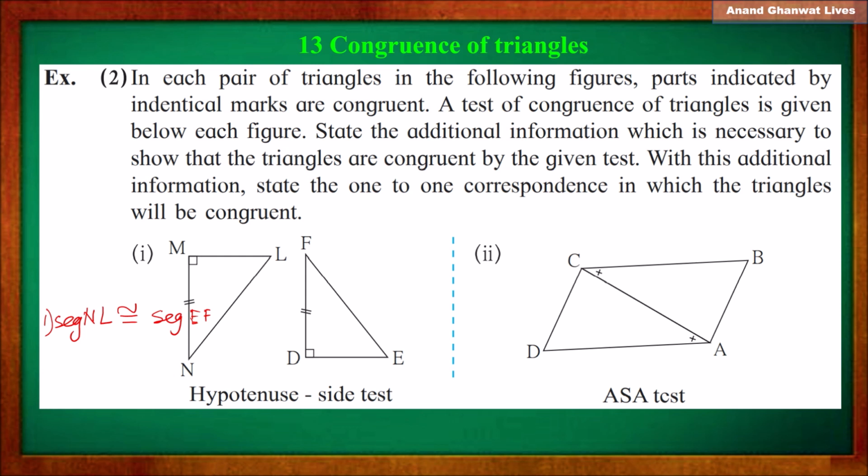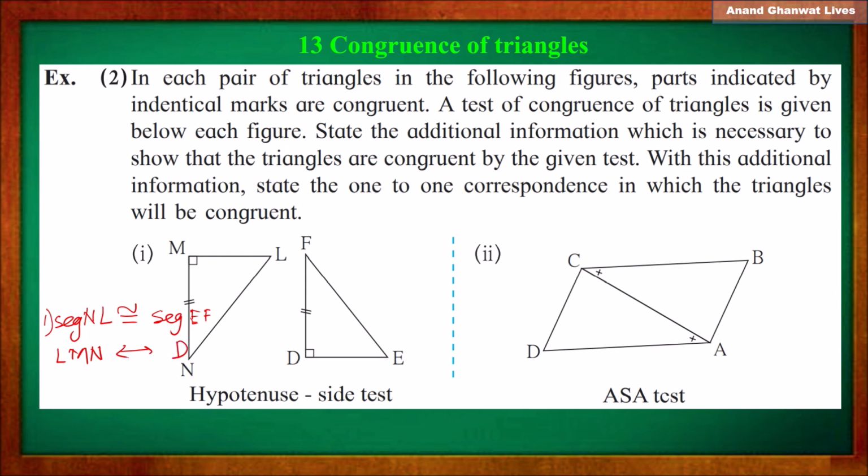So this additional information should be given for the congruence of the given two triangles. Now write the correspondence of congruence. LMN. Angle M is congruent to angle D, so write D in the middle.